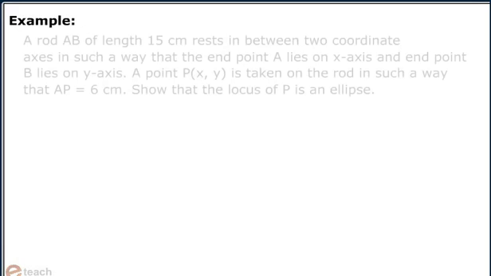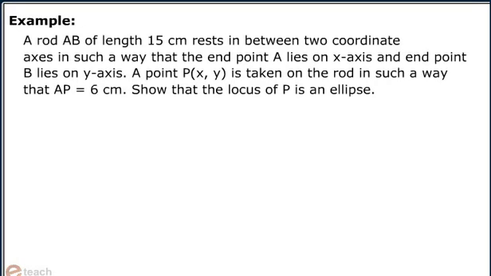Example: a rod AB of length 15 cm rests between the two coordinate axes in such a way that the endpoint A lies on the x-axis and endpoint B lies on the y-axis. A point P(x, y) is taken on the rod in such a way that AP = 6 cm.